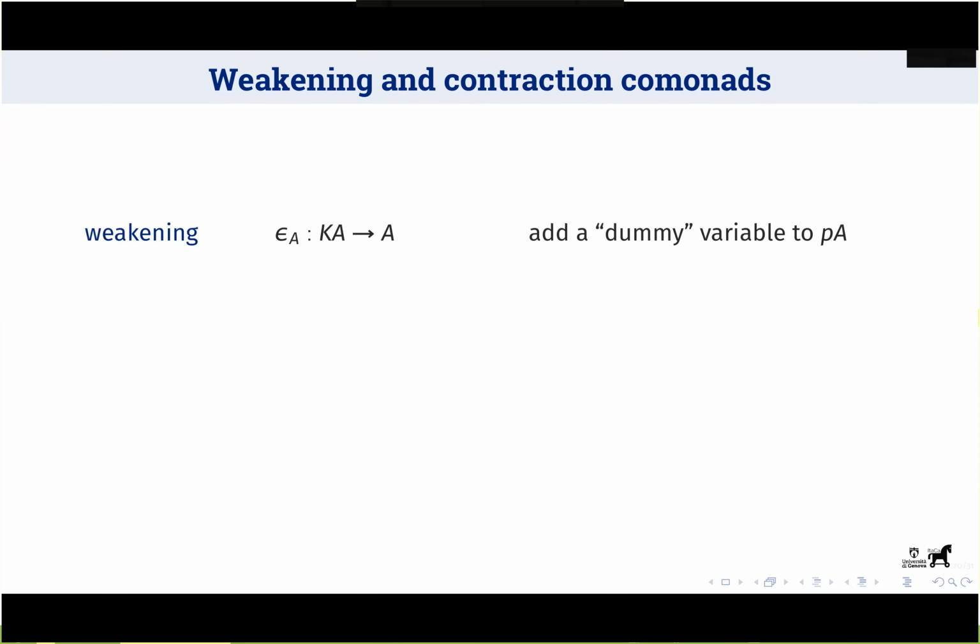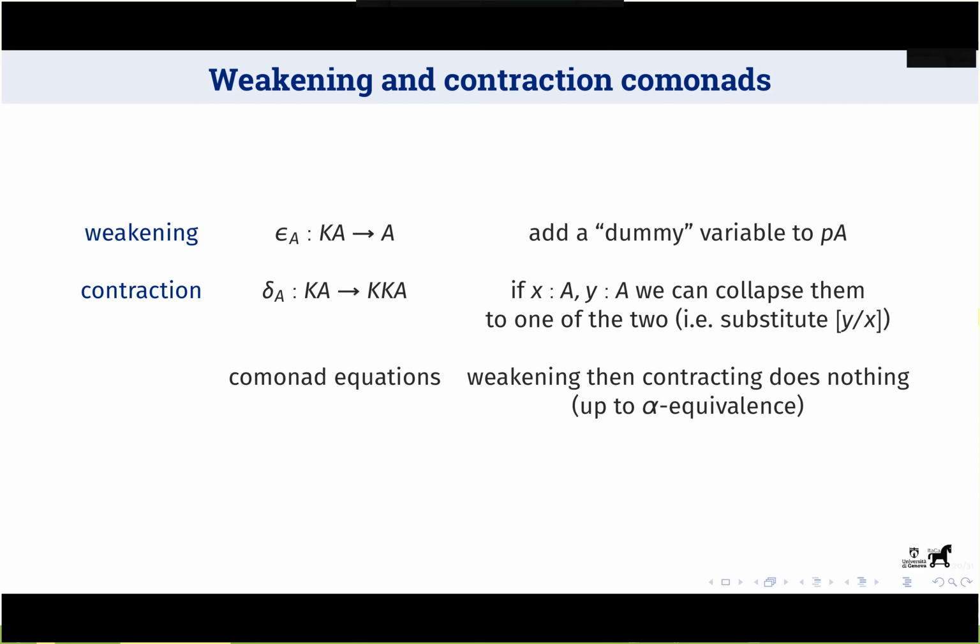And this is just done by performing such substitution. And the equations are just expressing the fact that weakening and then contracting produces no result up to alpha equivalence, of course, because we have variables that change names.